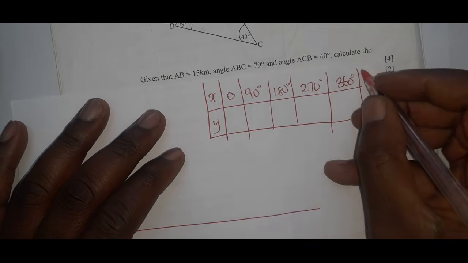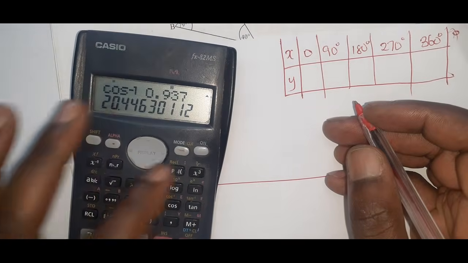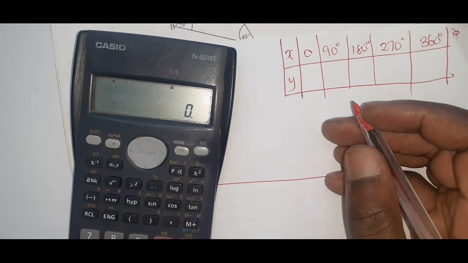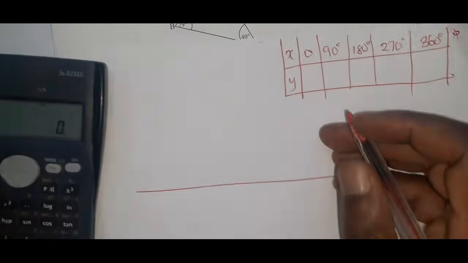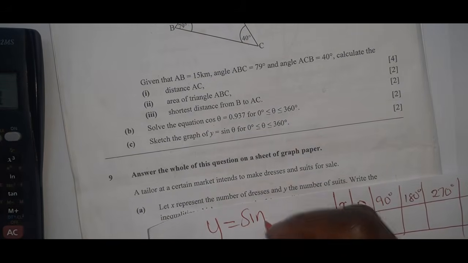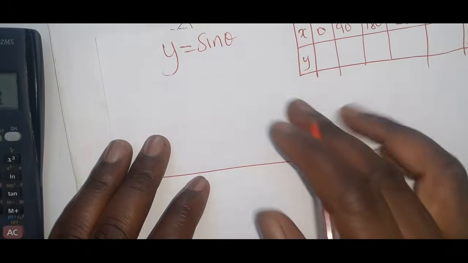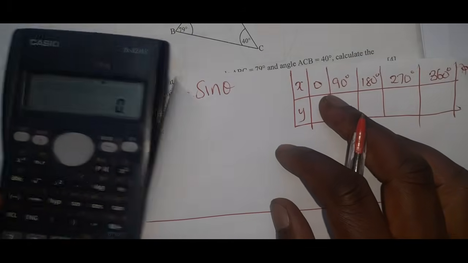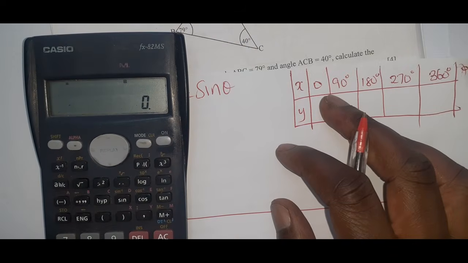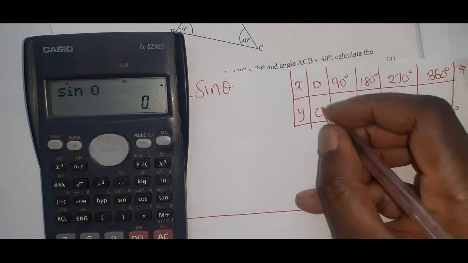Okay. So then we begin to find the values of y. Remember, what are we using? y equals sine theta. So the values of theta here will be these ones that are here. You can start with the first one. You say sine 0. This one will also be 0.